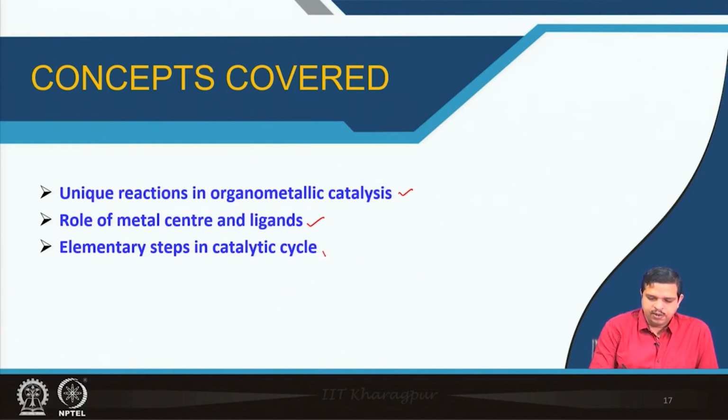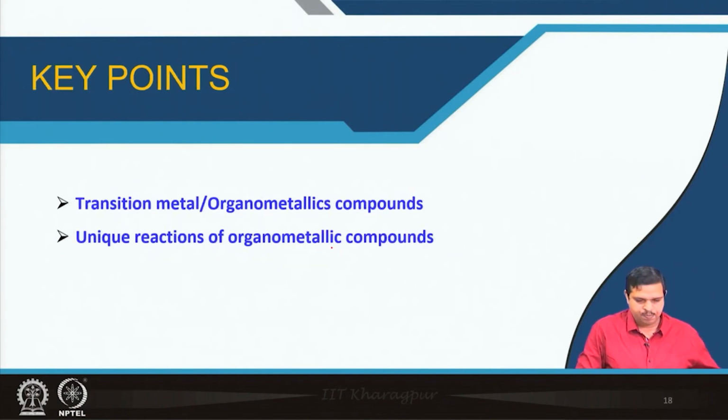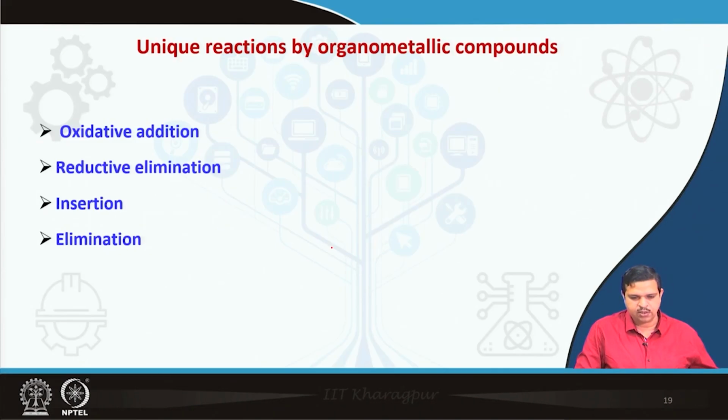Elementary steps in catalytic cycles we have to understand in depth, otherwise we cannot design a catalyst if we do not understand the elementary steps involved in the catalytic reactions. So, this concept we will try to understand in today's lecture.